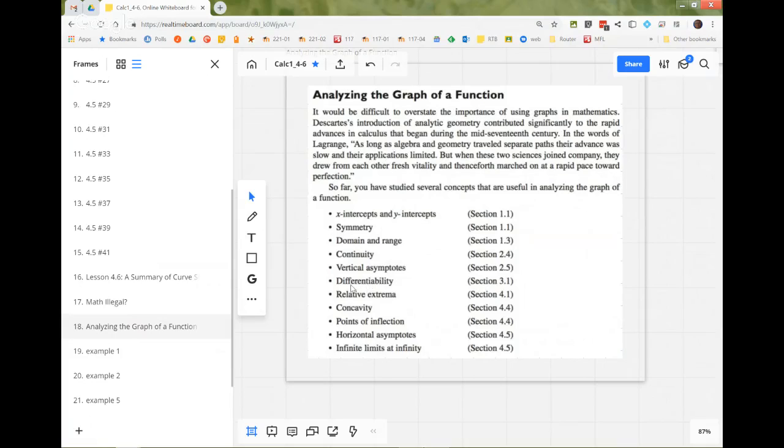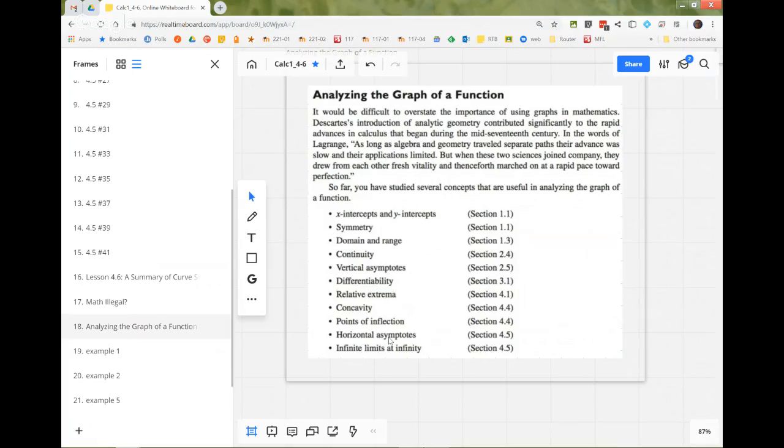Vertical asymptotes, differentiability, and we learned that there were a couple of cases where you can't differentiate. Relative extrema, that we did at the beginning of chapter 4. Concavity, we just finished that, lesson 4.4. Points of inflection, changes from one concavity to the other, also in lesson 4.4.